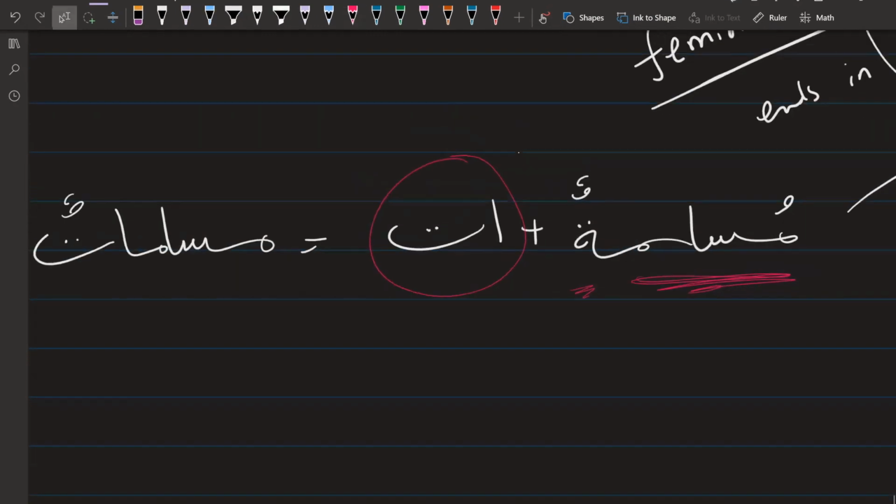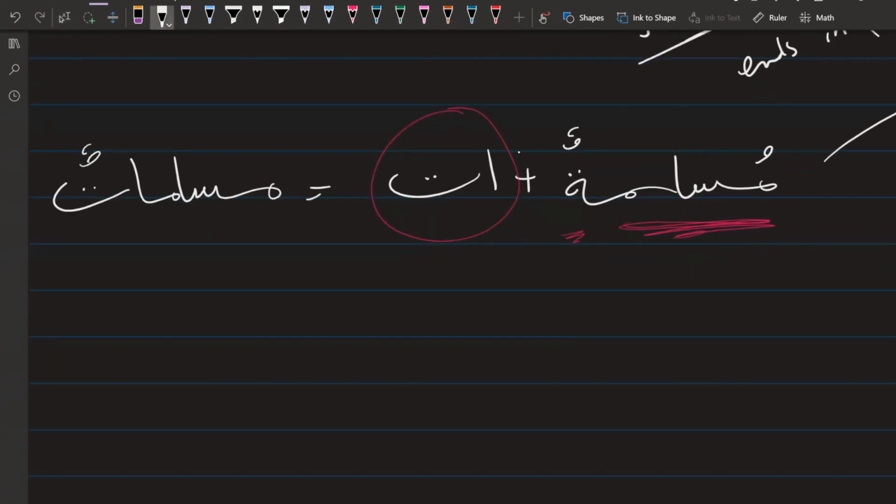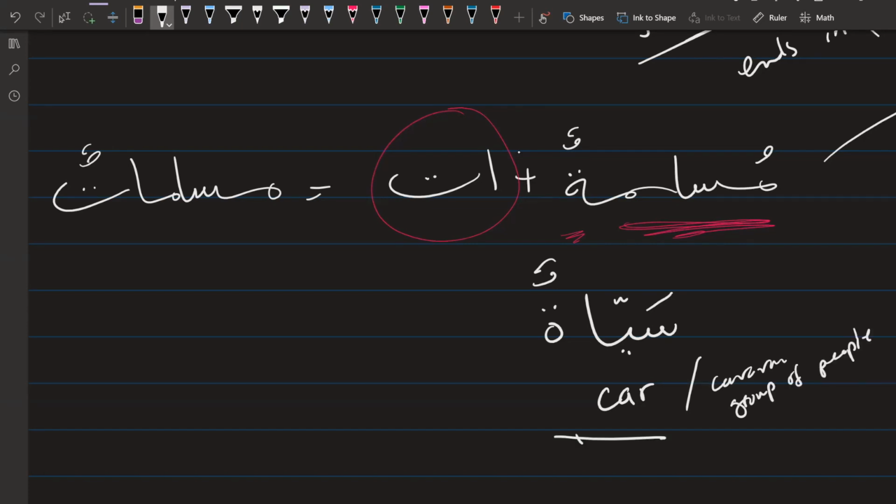Makes sense? Okay, so here's another one she gave. Sayyara. What is sayyara? Yes, sayyara is car. In the Quran, it comes as a caravan or a group of people. Sayyaratun. Excellent.